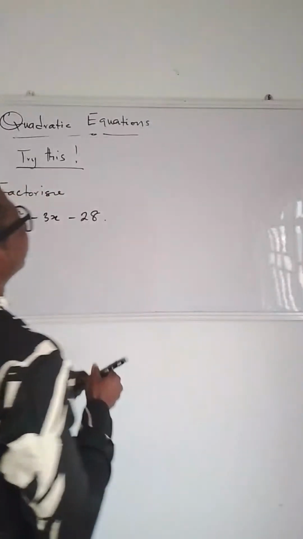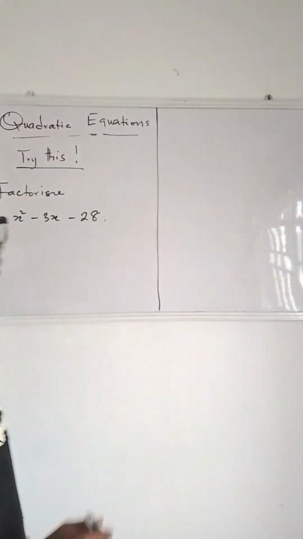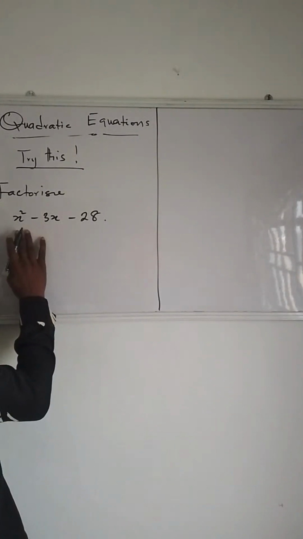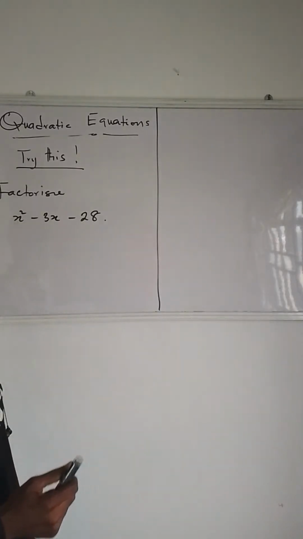Let's confirm whether our answer is correct. Now we have x squared minus 3x minus 28.